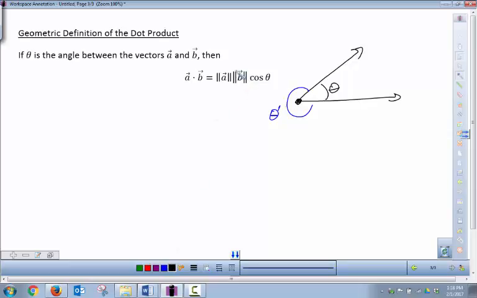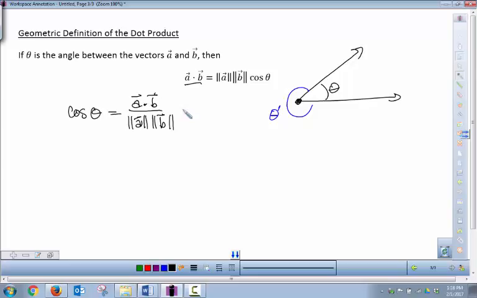So it turns out that this is a useful formula if, again, we know how to find the dot product algebraically. We can find an angle between 2 vectors by computing the dot product and dividing by the magnitude of each of those, multiplying the magnitudes.